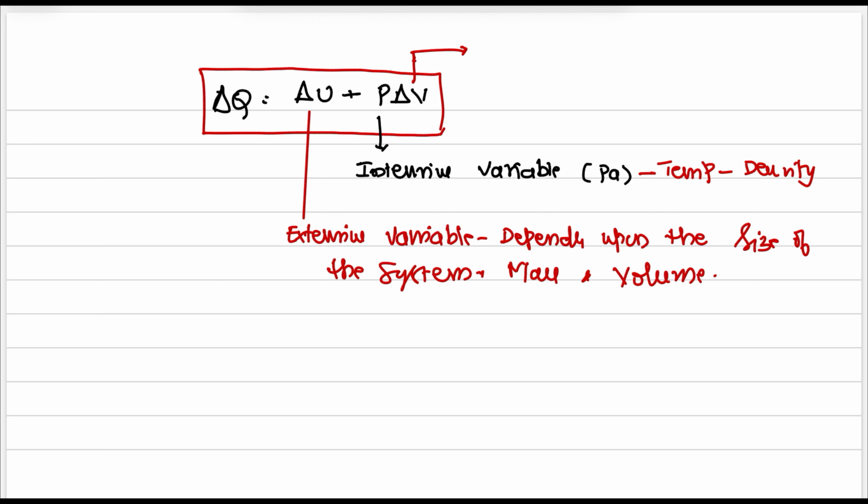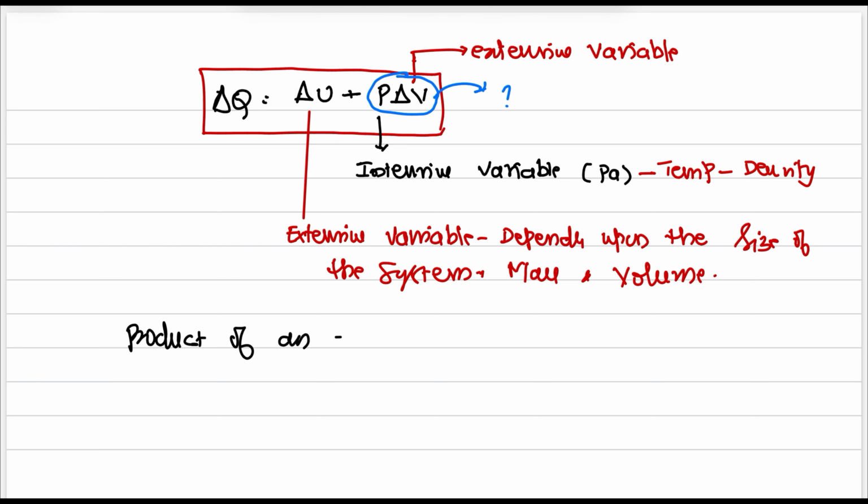Volume is the extensive variable which depends upon the size of the system, because if the size of the system is more, volume is more. Then what will be the product of an extensive variable and an intensive variable?